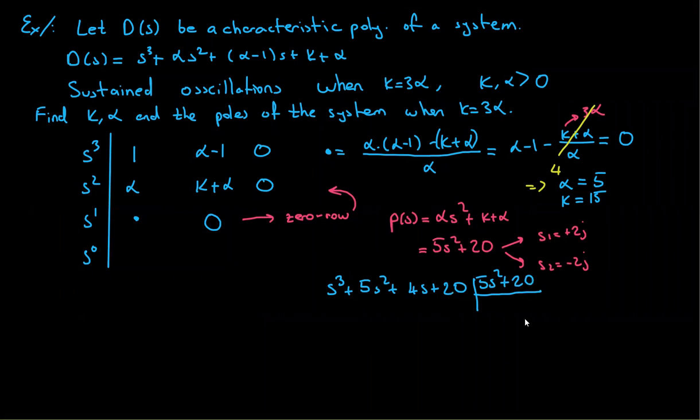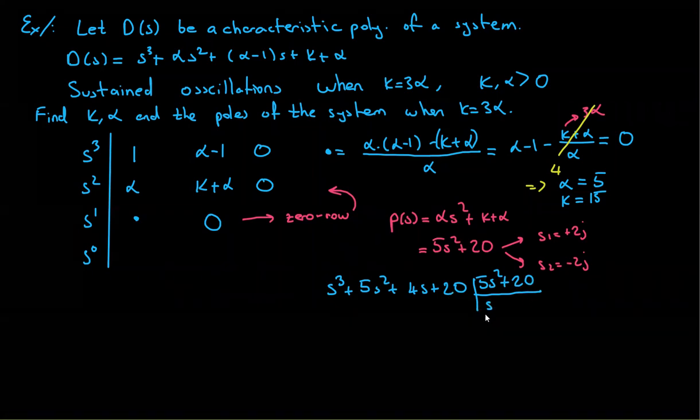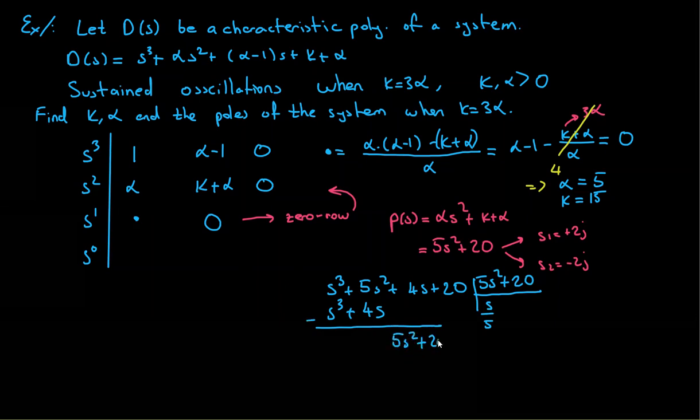Okay, if I do that, I will write here S over 5, and I will get S cubed over here plus 4S. And if you subtract that, you will end up with 5S squared plus 20, and you'll have 1 here, such that the remainder will be equal to 0.